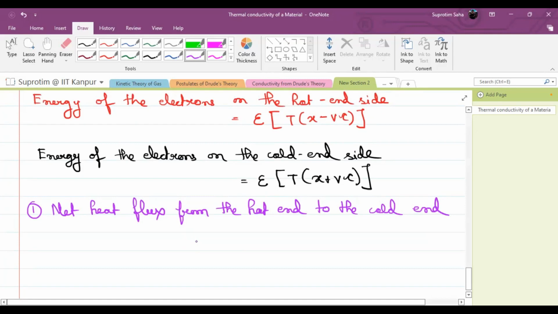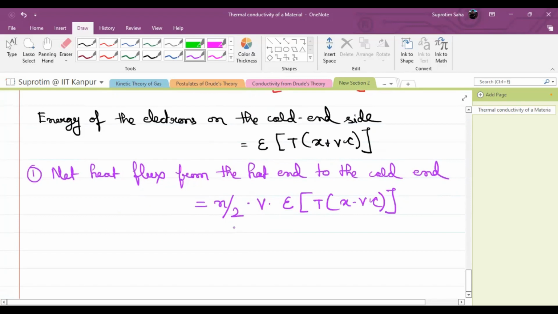So this will be given by the number density of the electrons times the mean average velocity times the energy. This is the number density, which is divided by volume. If you see the dimension, this is divided by volume times a velocity, which is per unit area per unit time, times the energy. So the energy flux is given by this formula. Dimensionally, it is also consistent.